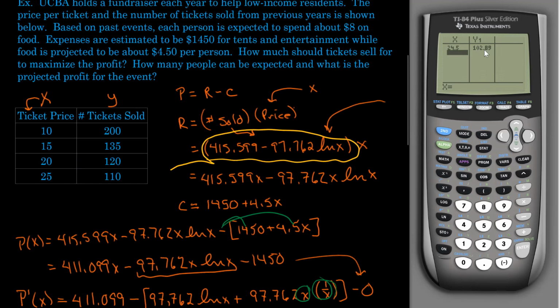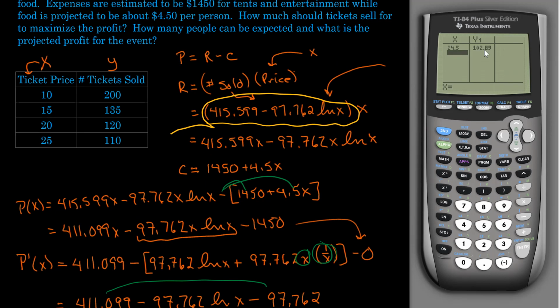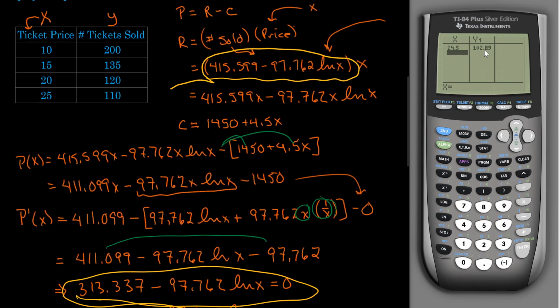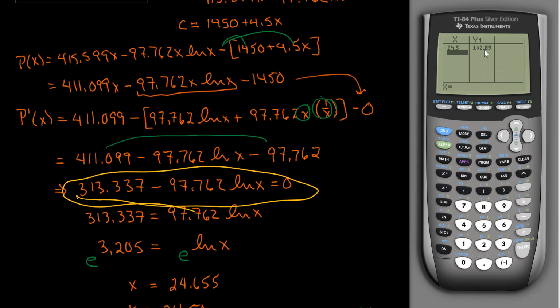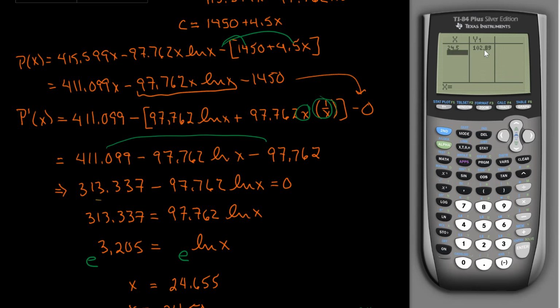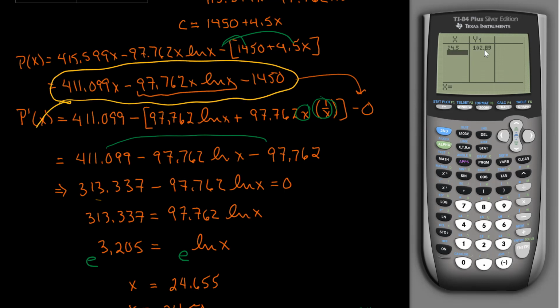What else do we need to do? Well, how many can be expected? Got that. What is the projected profit? Now, to get the profit, you got to be careful. The profit is this value right here, now circled in yellow. And remember, x is the ticket price. So when I go to plug this in on my calculator, I'm going to do second quit.